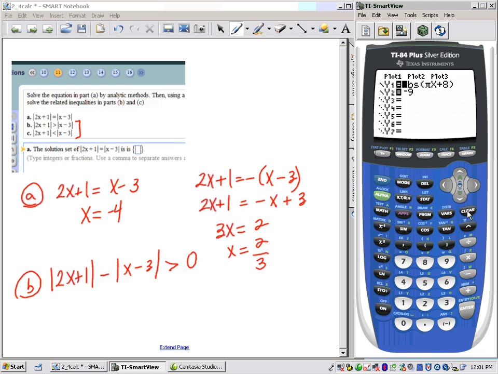So what we could do is enter absolute value of 2x plus 1, close parentheses, minus the absolute value of x minus 3, and graph. Now, the intersection points should be the negative 4 and 2/3.